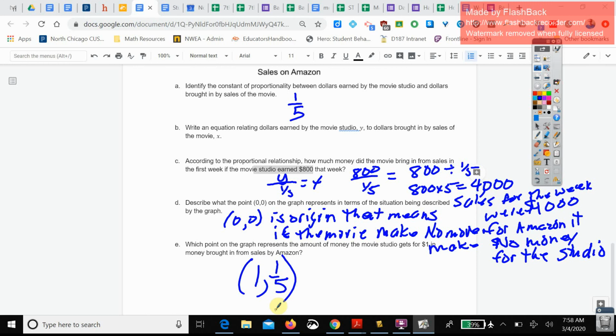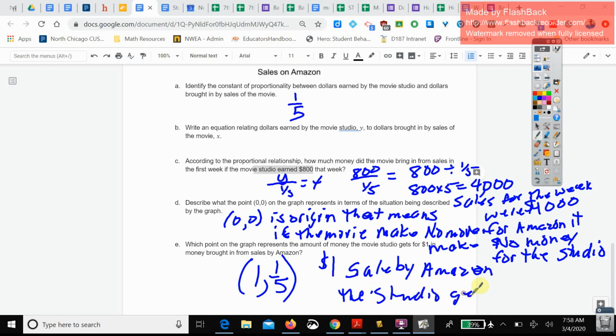If there's $1 in sales by Amazon, the studio gets 20 cents. It's 1/5 of a dollar. So that's it. That's the whole thing.